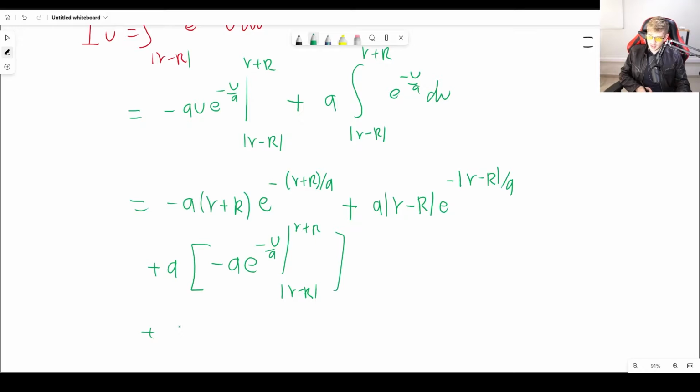So plus a times, the first one will be minus a times e to the minus (r plus R) over a, and then we get minus minus a e to the minus the absolute value of r minus R.